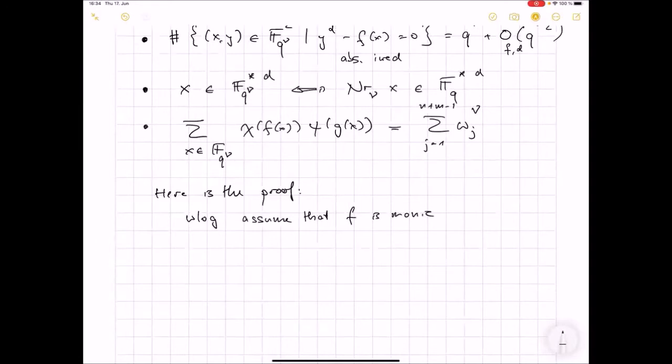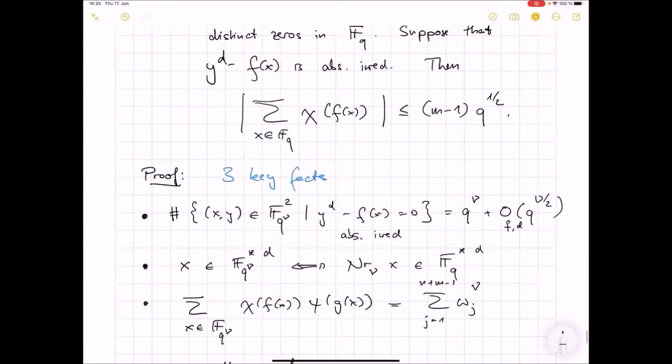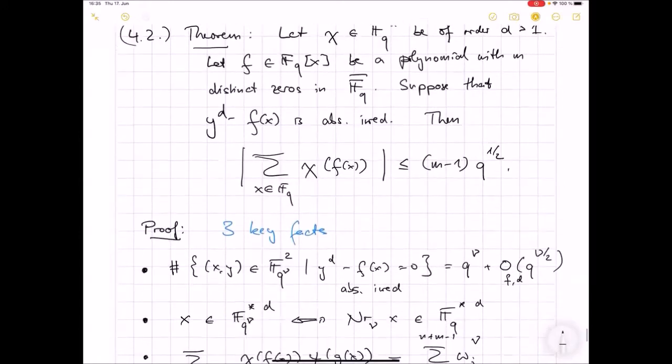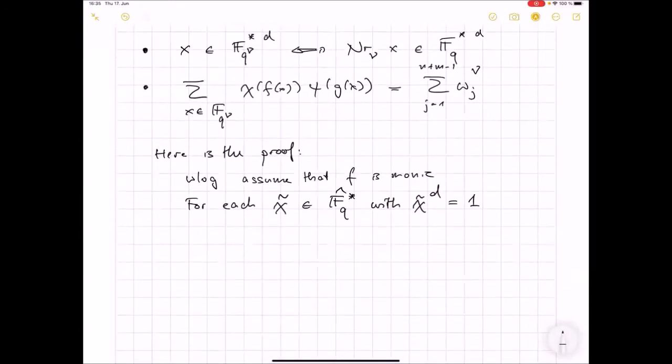Okay, and so what we do is we consider all characters chi tilde in Fq star hat with chi tilde to the power d equals 1. This includes our character of interest. The character chi is one of those. It has order d, but we take all of them of order dividing d, including the trivial character.